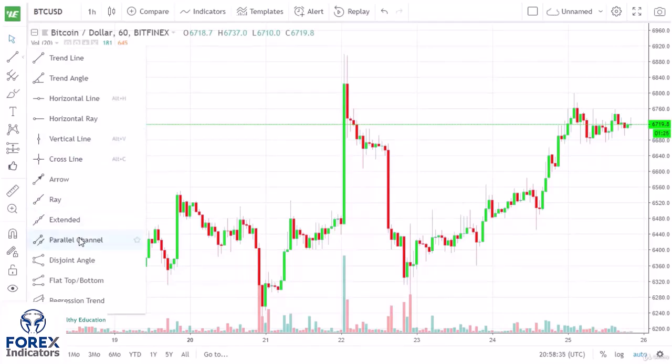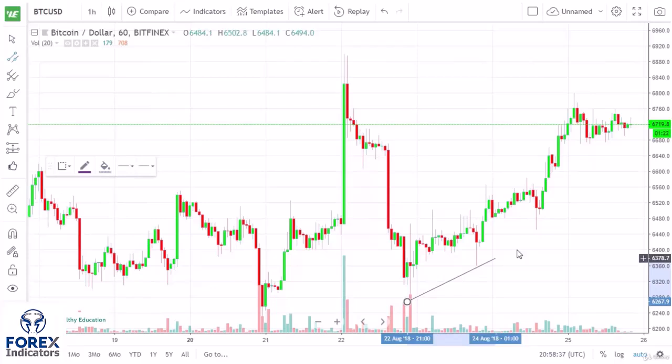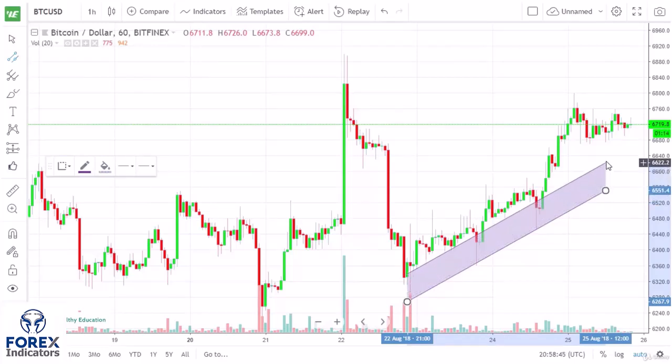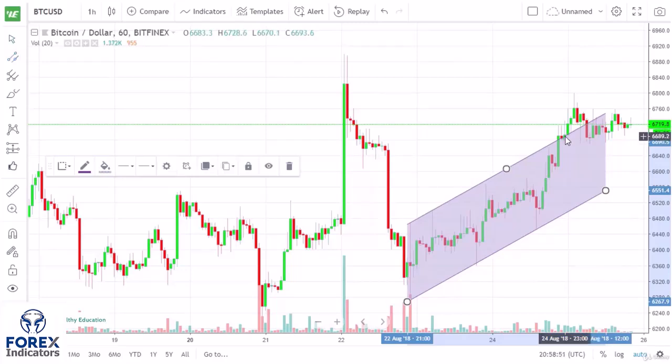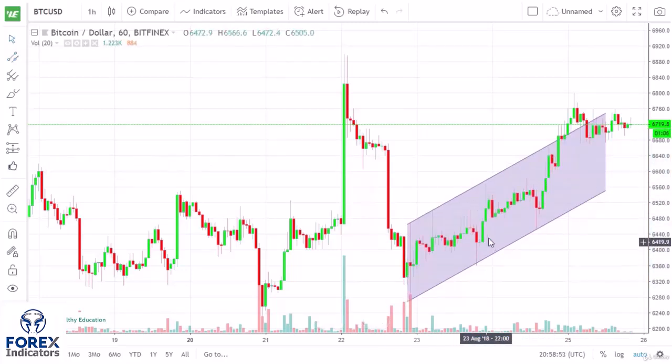You can click on the submenu in the line chart for parallel channel. It functions very much like a trend line in the sense that you drag it, and then when you go to close it, you drag it, in this case, up, and you can see that there's a purple area.